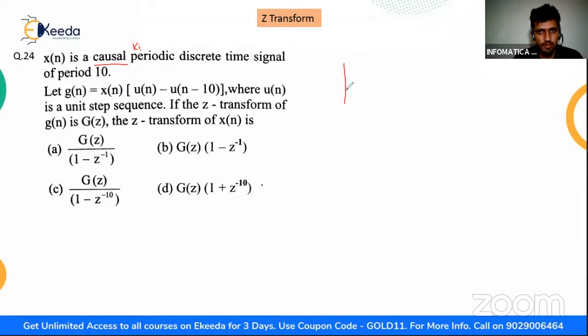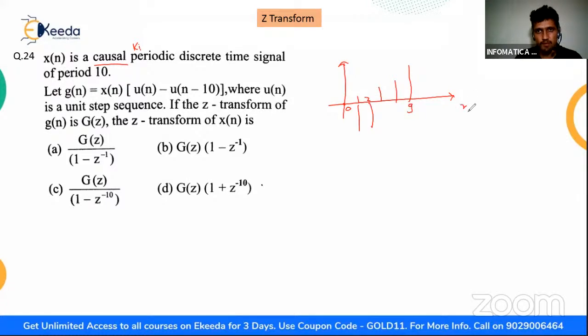So basically, suppose a signal is existing from n equals 0 to 9. This is any signal, suppose like that. From 0 it's going 1, 2 till 9.